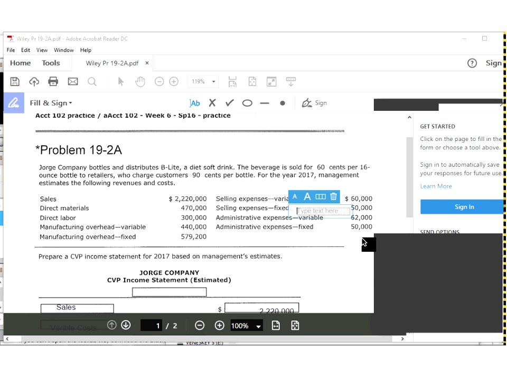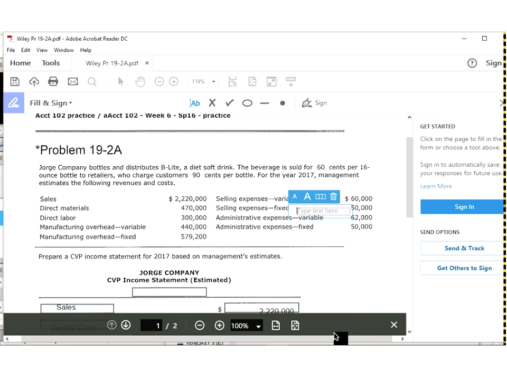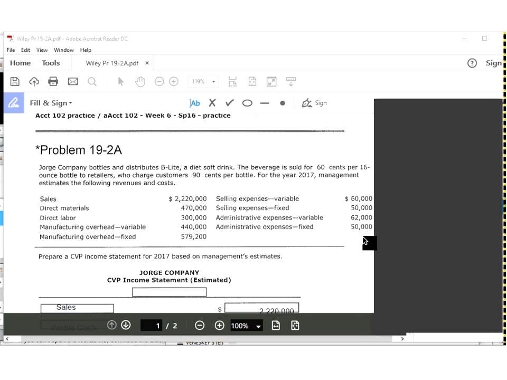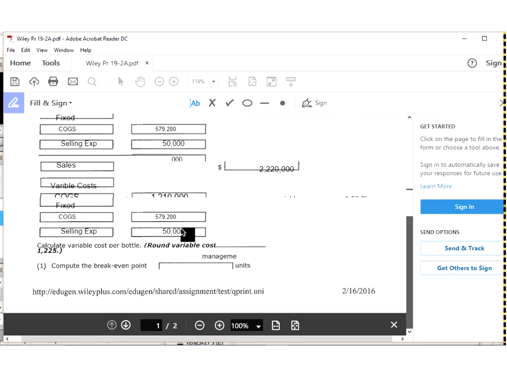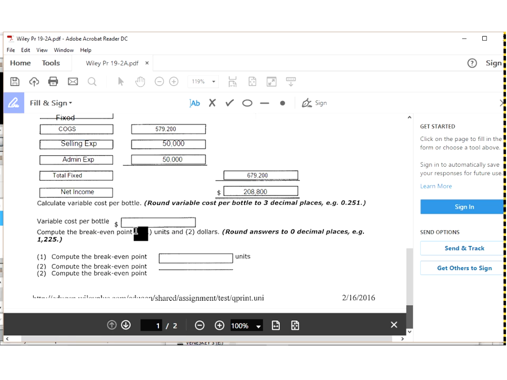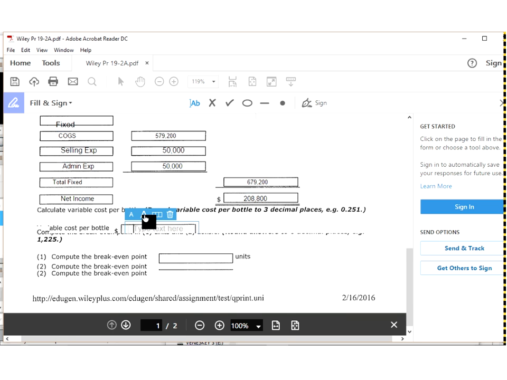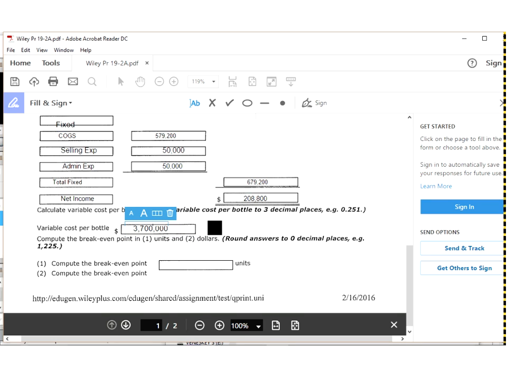If I do that, I come away with 3.7 million items sold. And again, all I did is take 2,220,000 and divide it by 60 cents a piece.